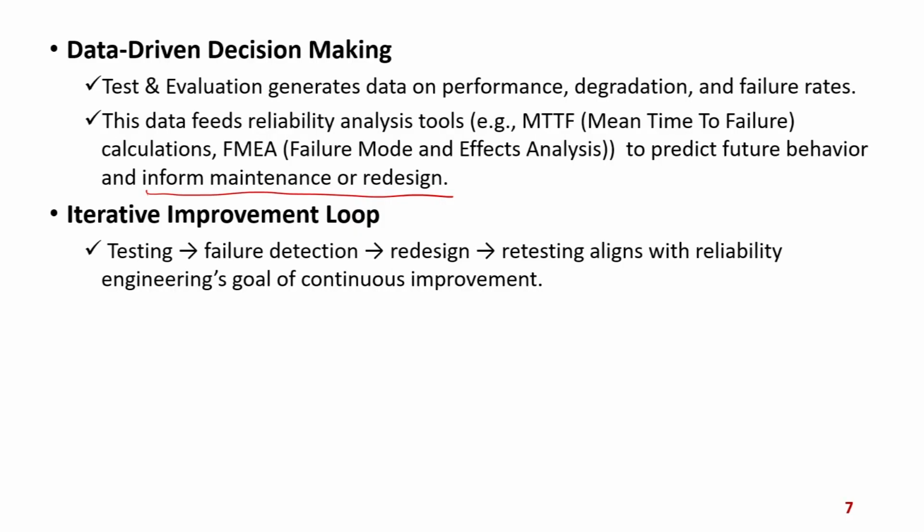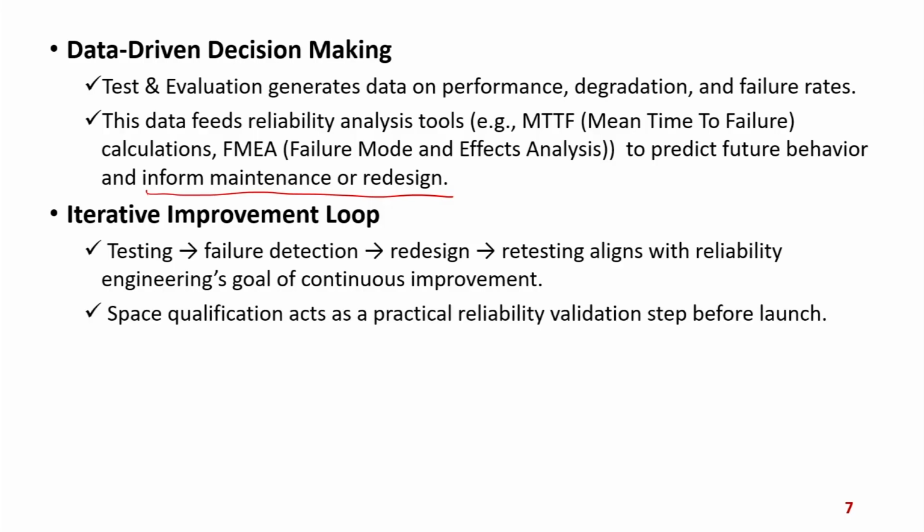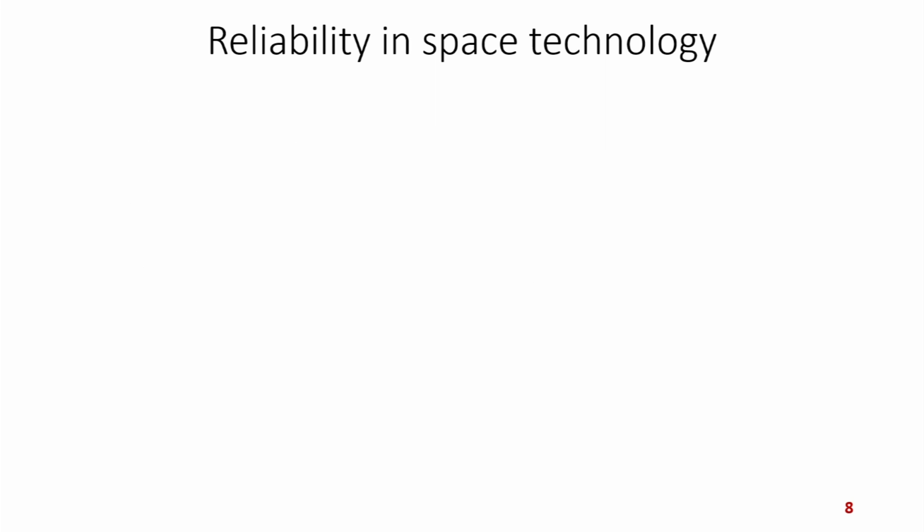And I already said, that is the iterative improvement loop. In case of any failure detection, it is redesigned, then refabricated, and retesting is done, so that the reliability engineer's goal is achieved through continuous improvement. Thus the space qualification acts as a practical reliability validation step before launch.